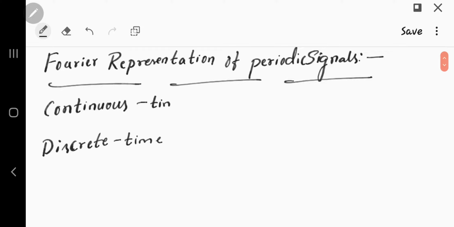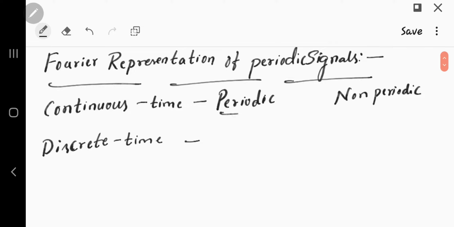Fourier representation can be applied to both kinds of signals, continuous and discrete. But apart from that, we have another kind, periodic and non-periodic. Both continuous time and discrete time will have periodic and non-periodic signals.